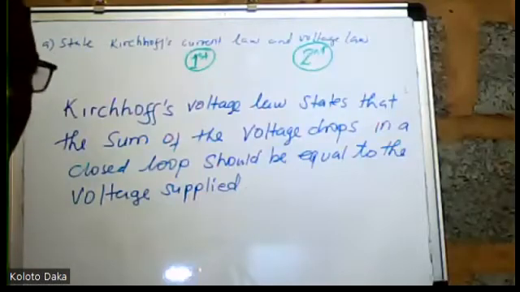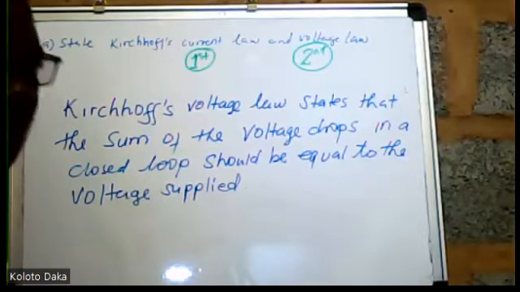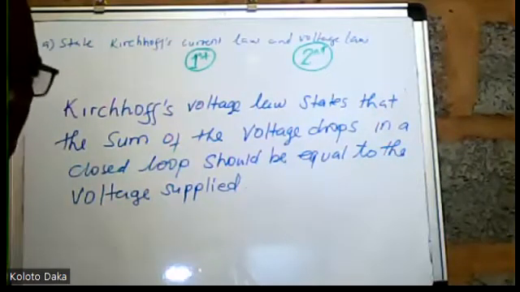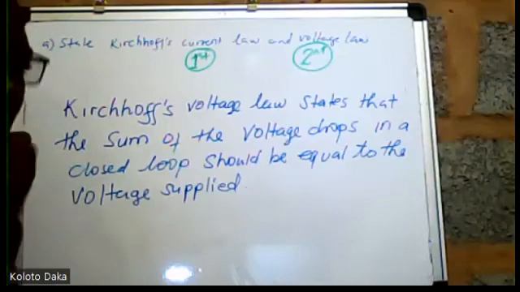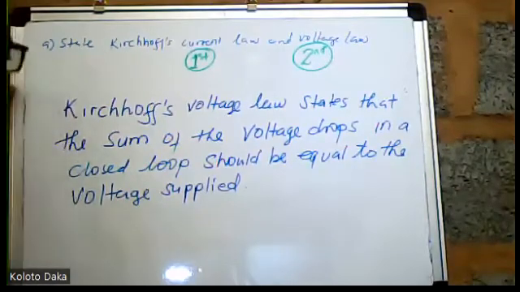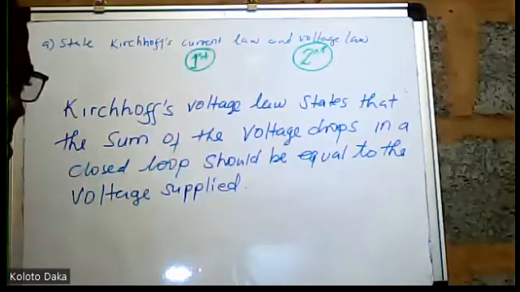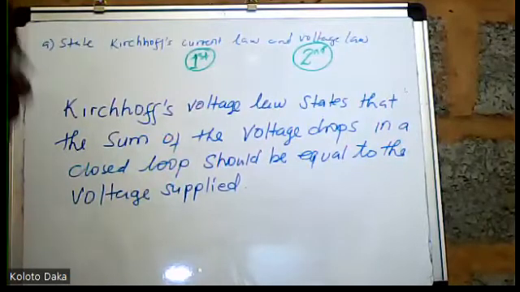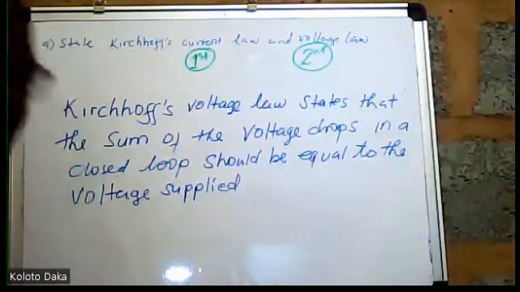Kirchhoff's voltage law states that the sum of the voltage drops in a closed loop should be equal to the voltage supplied. That is Kirchhoff's voltage law, or Kirchhoff's second law.